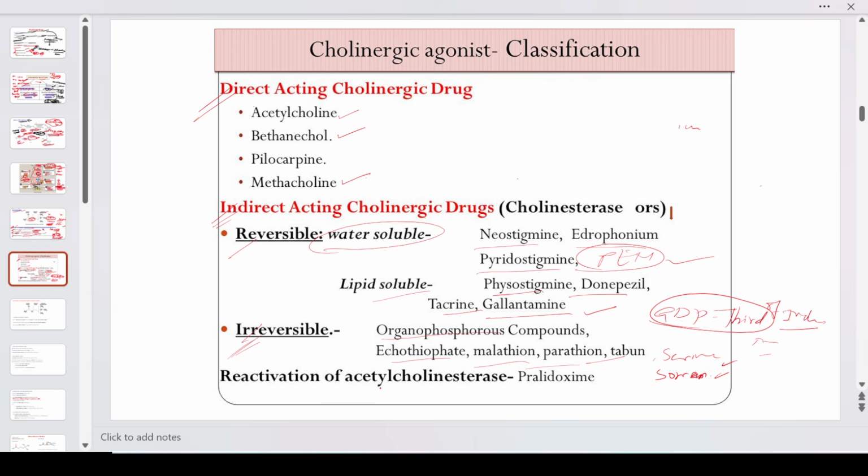Then reactivation of the acetylcholinesterase. The acetylcholinesterase reactivator is pralidoxime. This is most important. It is mainly used in organophosphate poisoning.